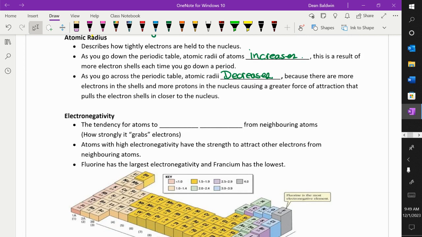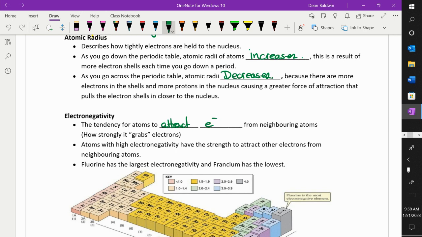Electronegativity is how badly an atom wants an electron. And it doesn't want it because it's not thinking, but how badly it can pull electrons. So the tendency for atoms to attract electrons from neighboring atoms.